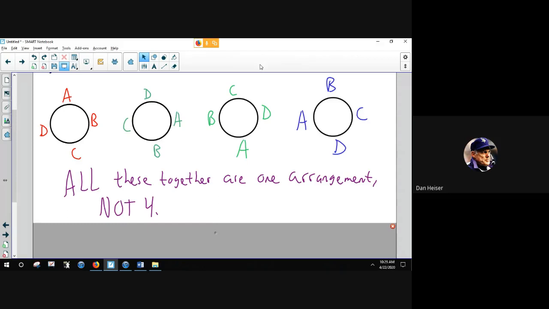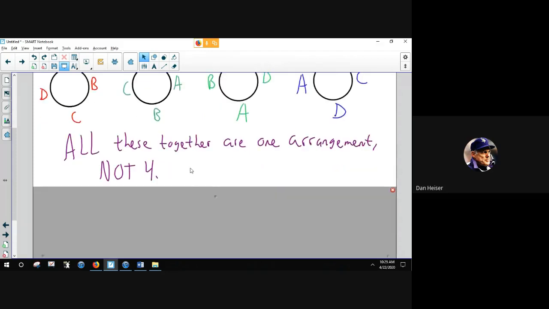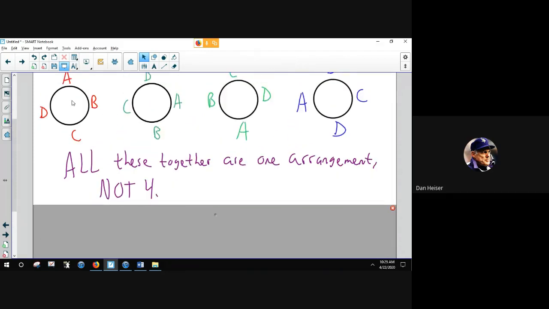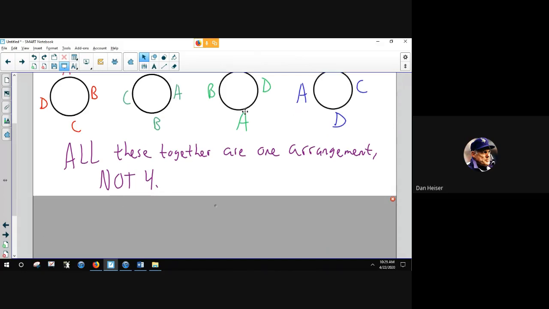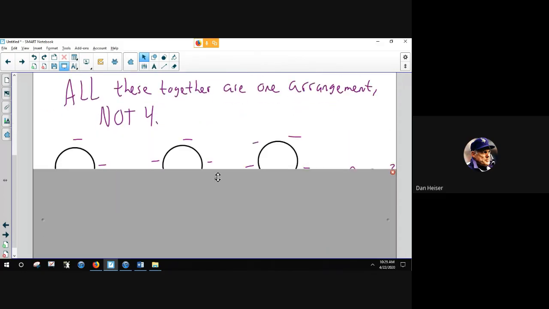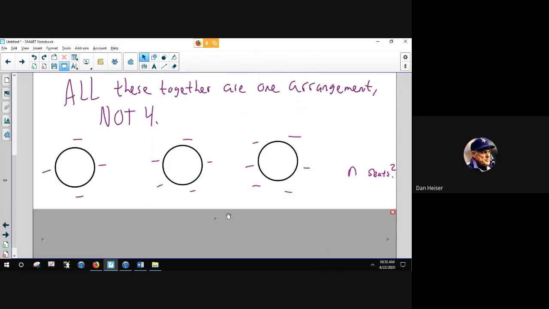So again, we have this problem of counting things more than once. We have to divide all these out. So we have 4 seats, 4 ways to write the same seating chart. 4 factorial, we divide by 4 because that's the number of repeats we have.